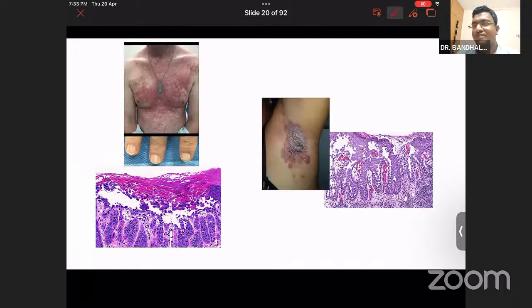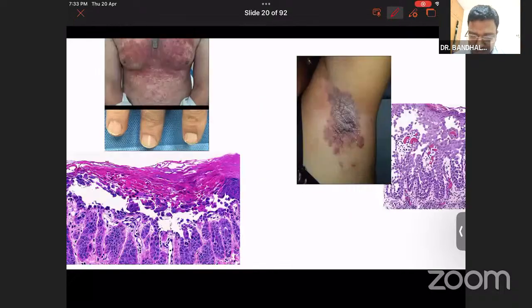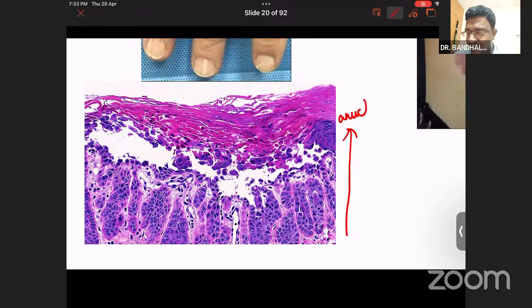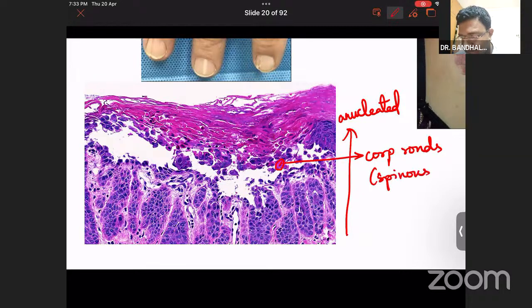Darier disease we know is an inherited acantholytic dyskeratosis. In this image you can make out the dyskeratotic cells. Whenever you see the epidermis, as it goes up, it will become anucleated. But here you can see these kinds of cells, which are known as dyskeratotic cells, which are corps ronds. Corps ronds are seen in the spinous layer. The stratum corneum is normally anucleated, but you are able to see some nucleated cells here also, which are grains.